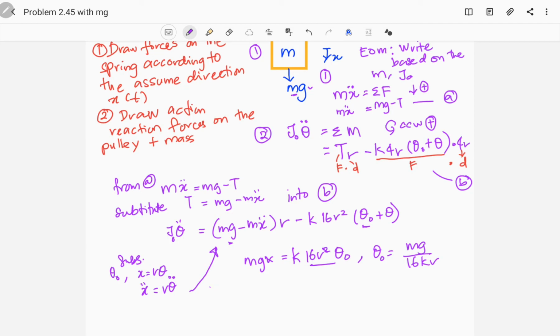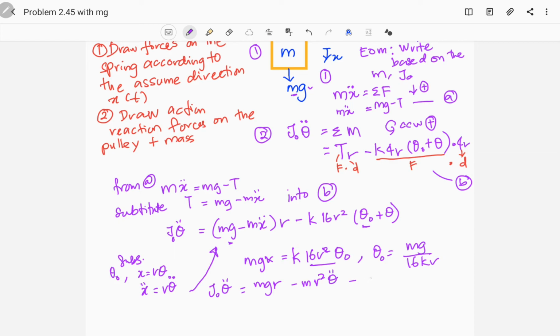So what do you get now? J naught theta double dot equals to your mg will become, everything will become your theta here. So basically if I just put here mgr minus m, so x double dot will become r square theta double dot.